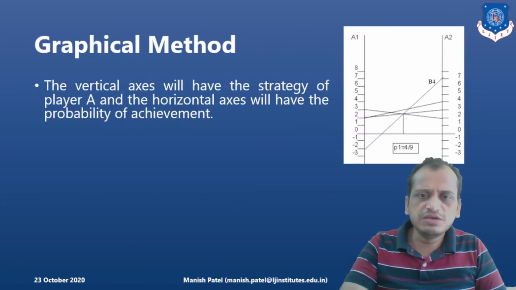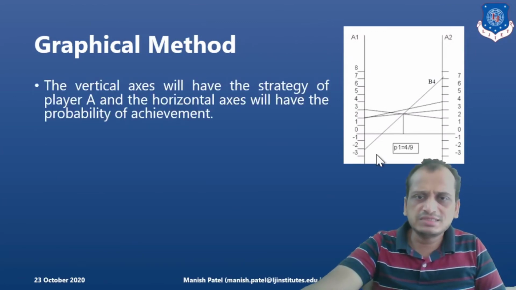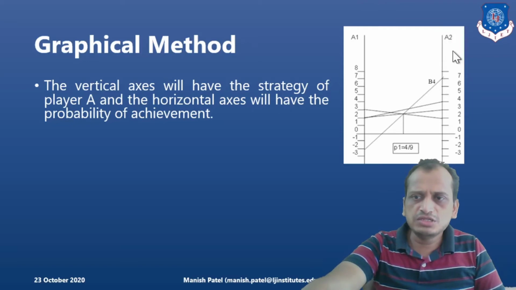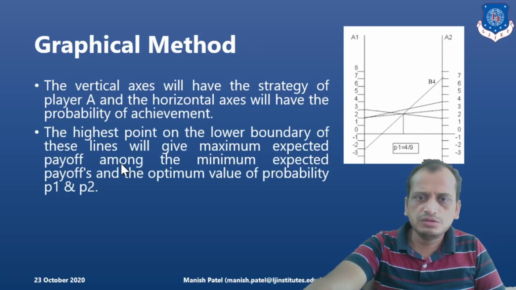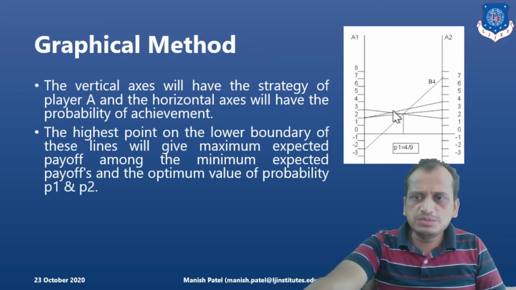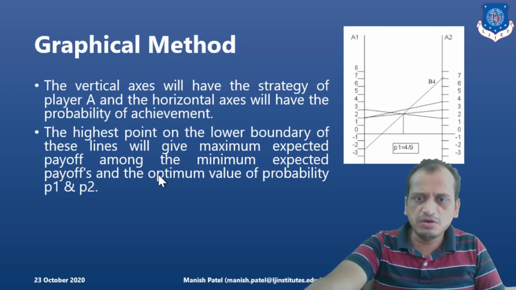So here the example is given. The vertical axis will have the strategies A1 and A2 of A. The horizontal axis will have the probability of achievement. Now the highest point of the lower boundary of these lines will have the maximum of the minimum expected payoff, and the optimum values of probability are P1 and P2.